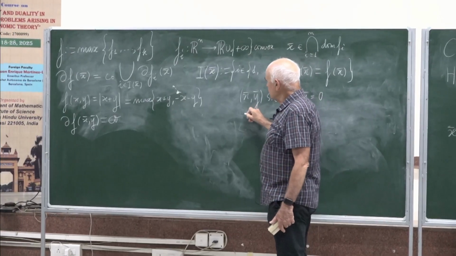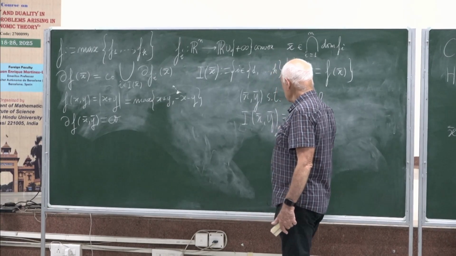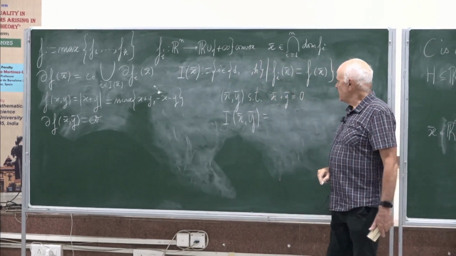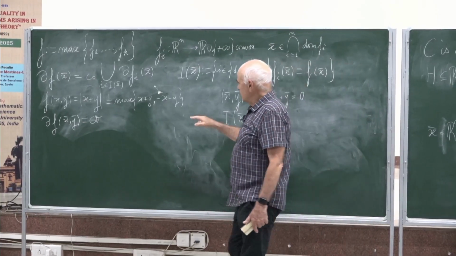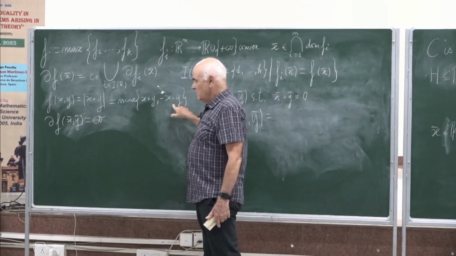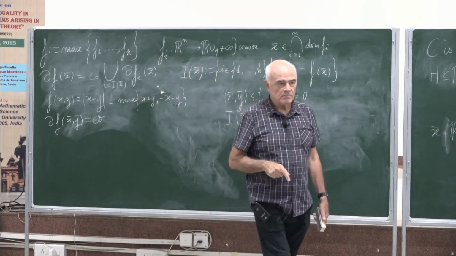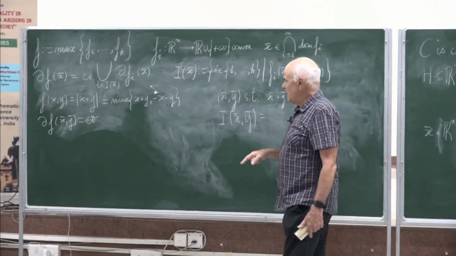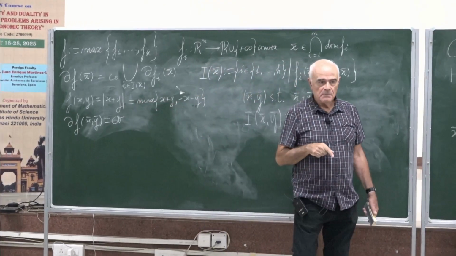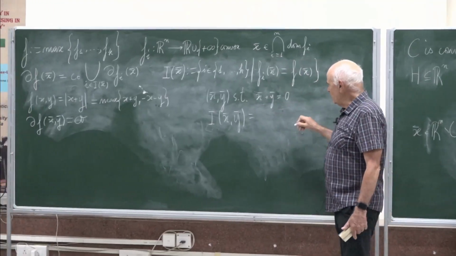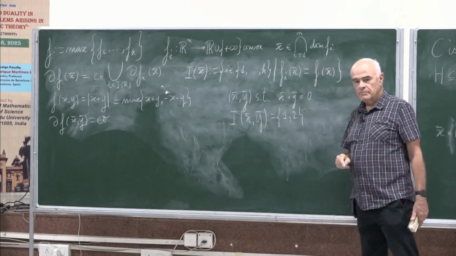What is I of (x bar, y bar)? It is the set of indices 1, 2, where the function coincides with its maximum. In this case, the maximum is 0, and both of them are 0. So I of (x bar, y bar) is the whole index set, 1, 2.